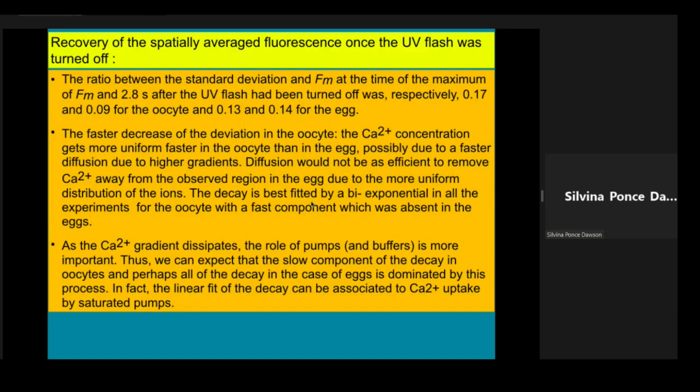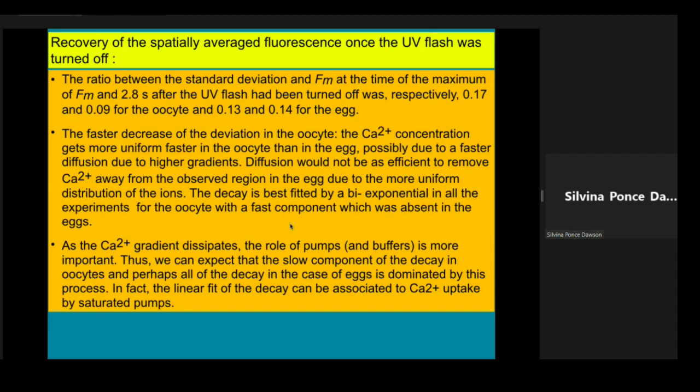This faster decrease, we think, is related to diffusion, because if you have gradients of concentration, diffusion helps you dissipate those gradients. And in the egg, we didn't see that because everything was more uniform.